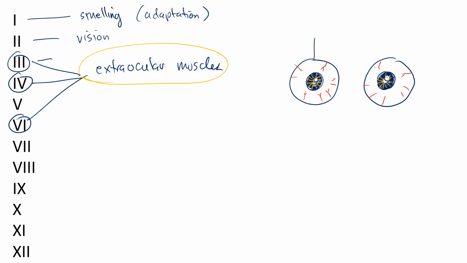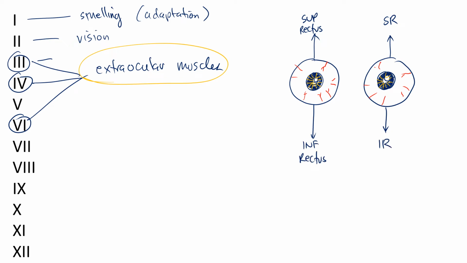Now, let's go to your extraocular eye muscles. The ones that turn your eyeballs up would be your superior rectus muscles. That's your SR. If you want to look down, that would be the inferior rectus muscles.